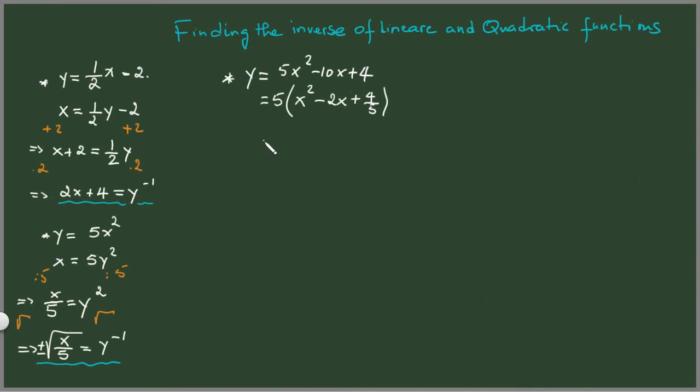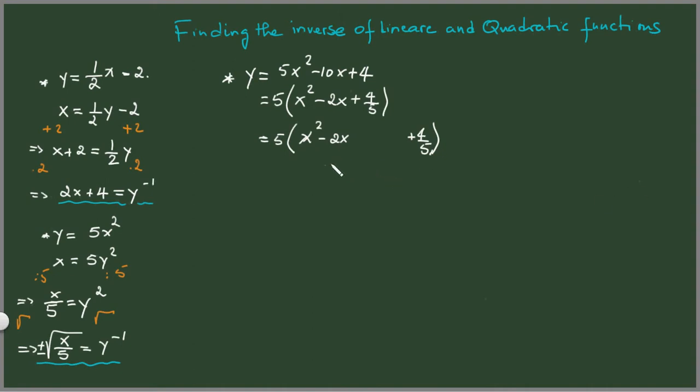Then this is equal to 5 times x to the power 2 minus 2x, plus 4/5. I put the parentheses because 5 multiplies everything in the bracket.